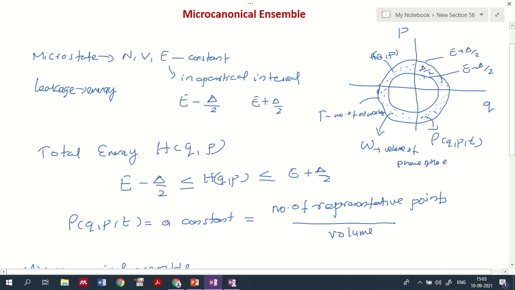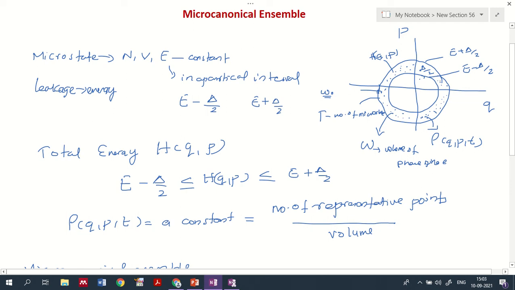Now if I consider the volume of a single microstate, that will be omega 0. Omega 0 is the volume of a single representative point or microstate.